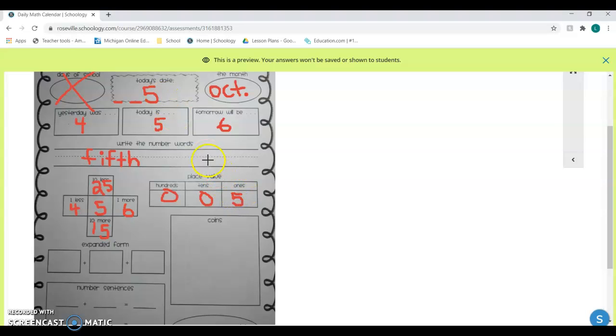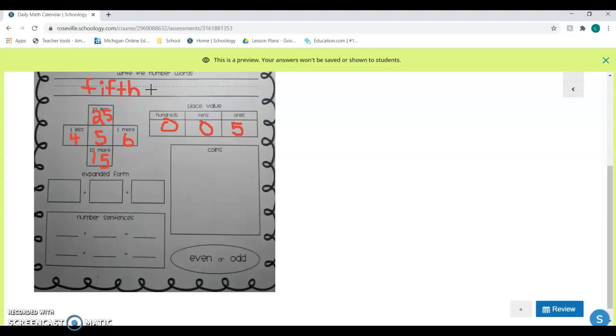So we're going to write 5 because we do not have more than 10, so we are only dealing with ones, and that would be 5. Okay, so in extended form, you just repeat these numbers, and essentially it's saying 0 hundreds plus 0 tens plus 5 ones equals our number of the day's date.